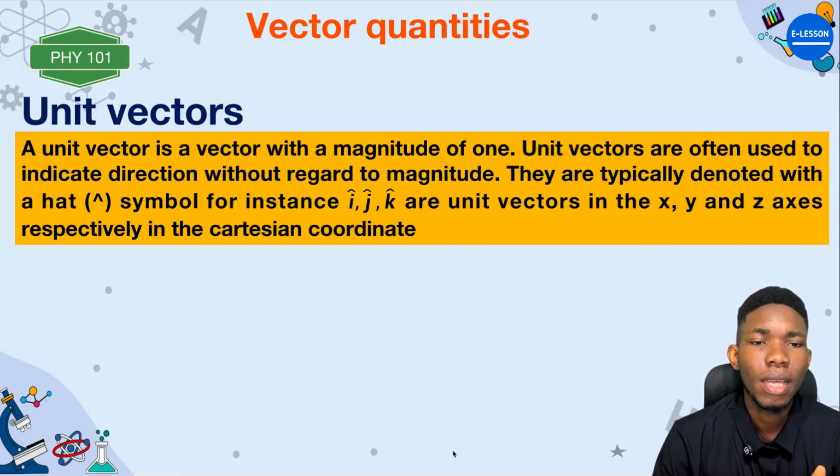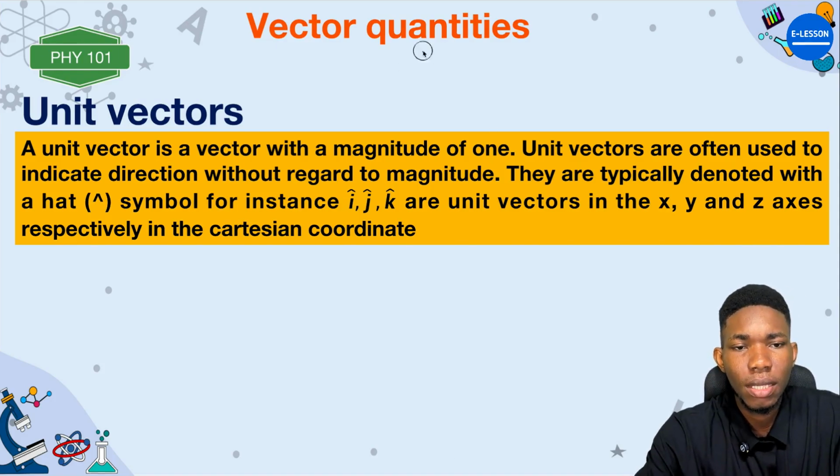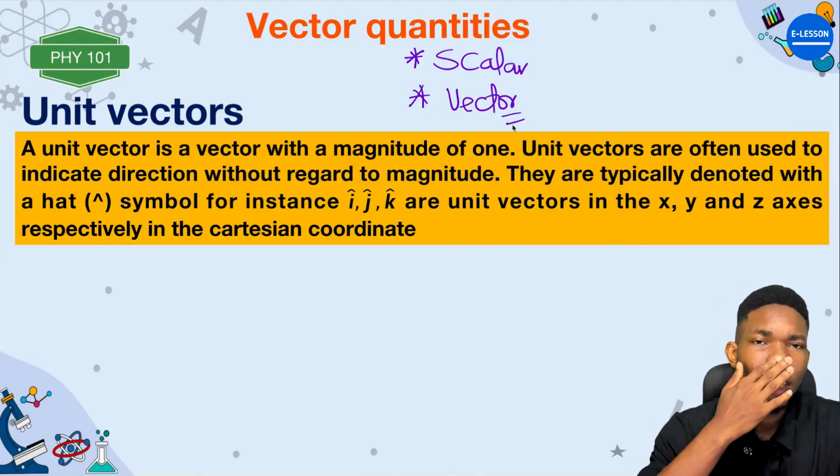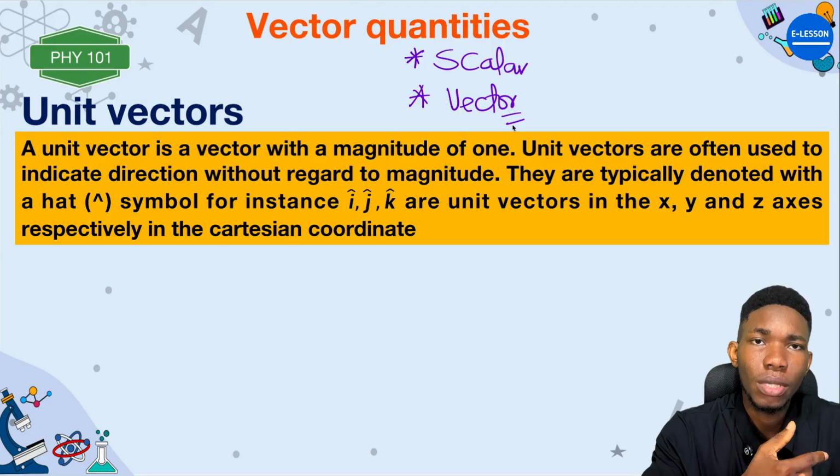Basically, we learned that physical quantities are classified into two. We have the scalar quantity, and then we have the vector quantity.